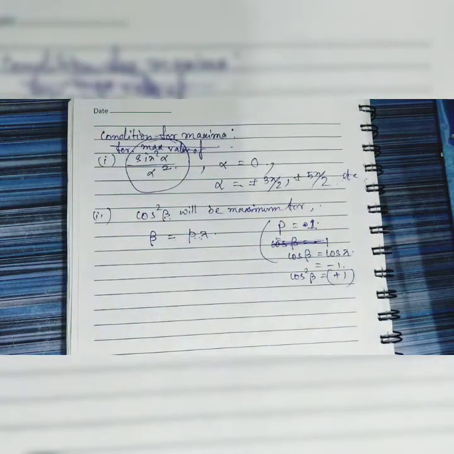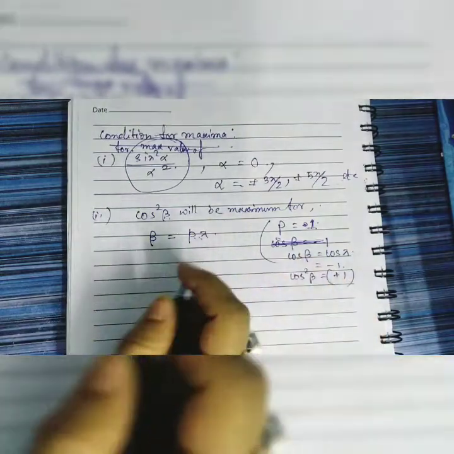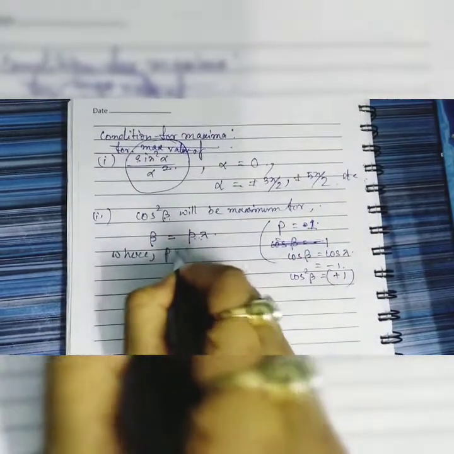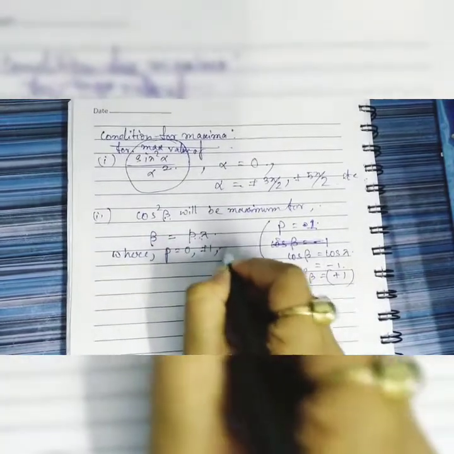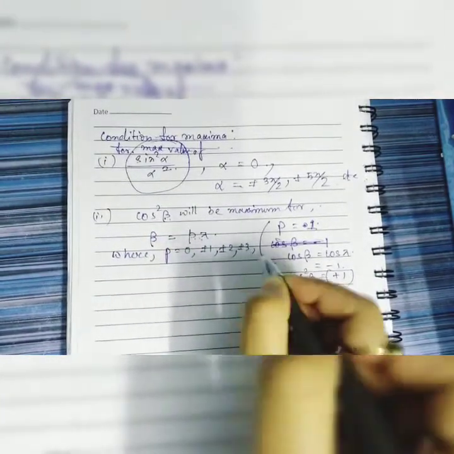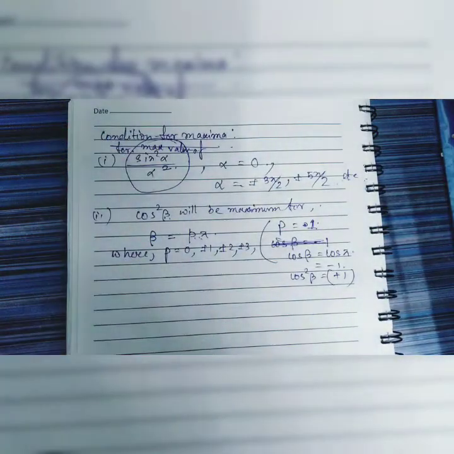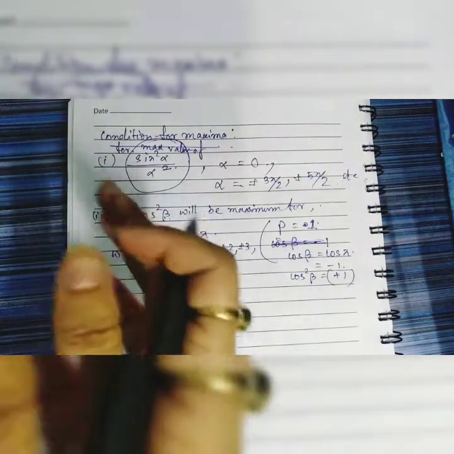Okay, you can calculate it easily. So for beta equals p pi, you have to write p equals 0, plus minus 1, plus minus 2, plus minus 3, because cos square cannot give a minus value.